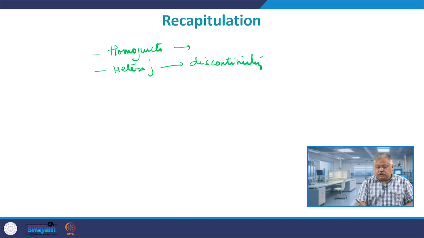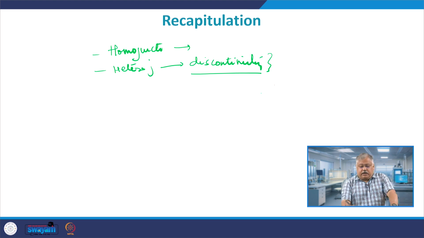Then we went to homojunction and explained how it is an ohmic contact and a Schottky contact, and then in heterojunction we applied the electron affinity rule and showed that if I take a straddling type material, I will get a discontinuity, and there will be a discontinuity edge where the two materials meet. That will also give rise to a 2D electron gas, 2DEG, as we refer to it.